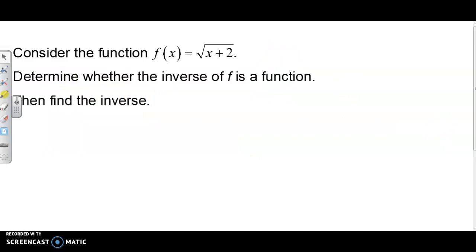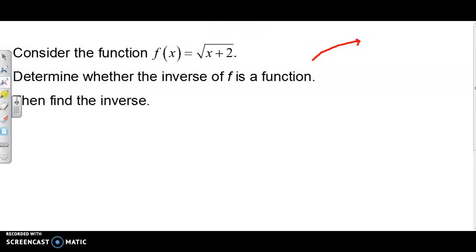So, this goes with this one, says consider the function f of x equals the square root of x plus 2. Determine whether the inverse of f is a function, then find the inverse. Alright, so let's think about how this graph looks, because we just spent some time graphing it. This looks like this, right? So that's what that kind of graph looks like.